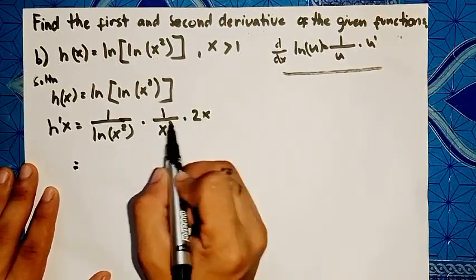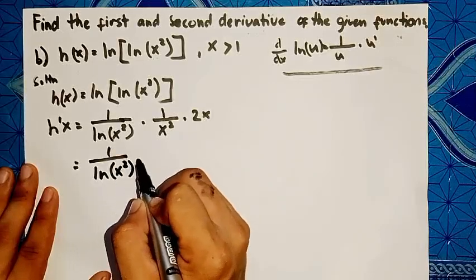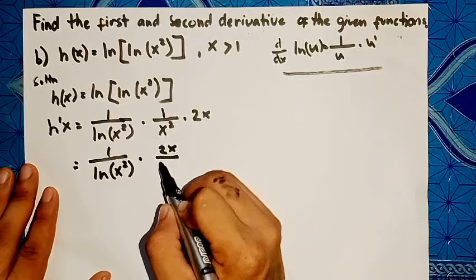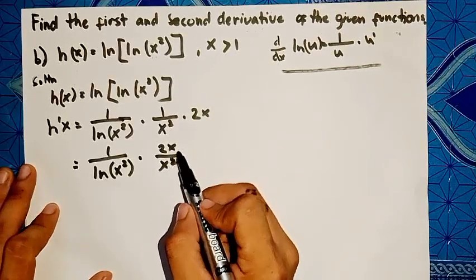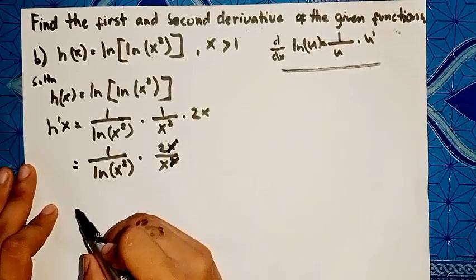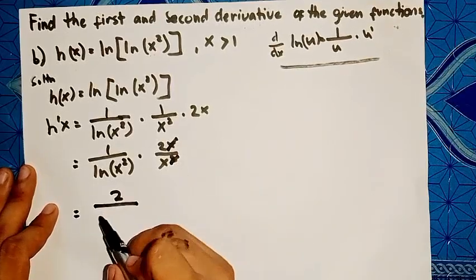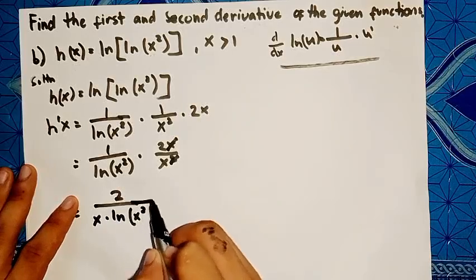Let's first multiply these two: 1 over x squared times 2x. Let's cancel x and x squared. So 2 over x.